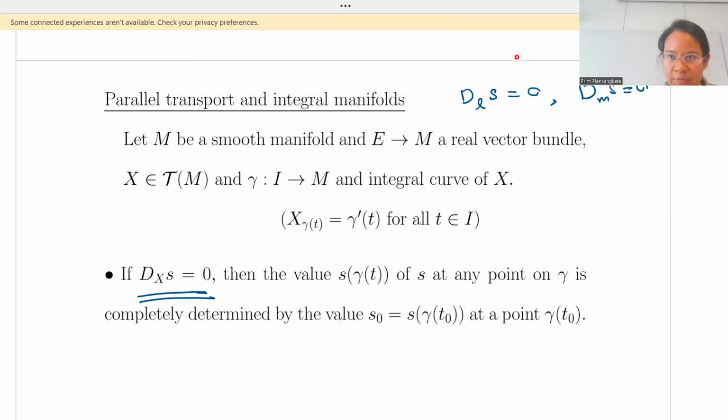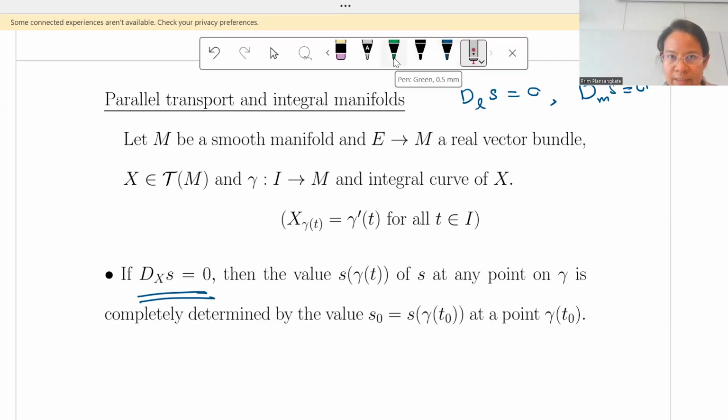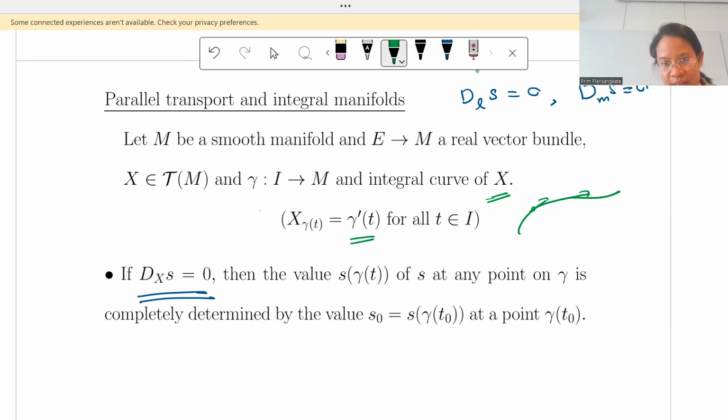An integral curve of a vector field is a curve in M such that at each point, the tangent vector to the curve is the value of the vector field at that point. The symbol means the tangent vector, and the curve is parameterized by t. So this is a tangent vector at the point gamma(t), and it is the same as the value of the vector field at that point. Given a vector field, there exists an integral curve, at least locally.